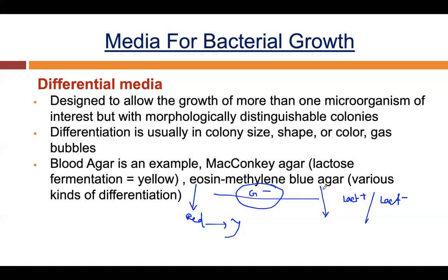So this media will only allow gram-negative bacteria, and at the same time it will differentiate based on lactose fermentation. So we can go much more specific toward bacterial identification. Okay, so I think we are done with this chapter.